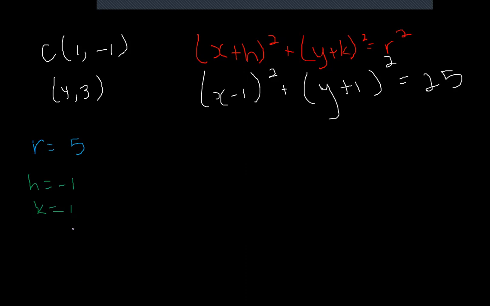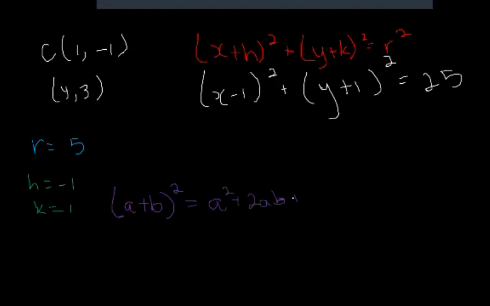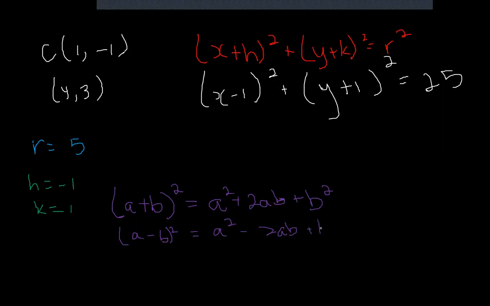So recall the formula that a plus b squared is equal to a squared plus 2ab plus b squared, and a minus b all squared is equal to a squared minus 2ab plus b squared.